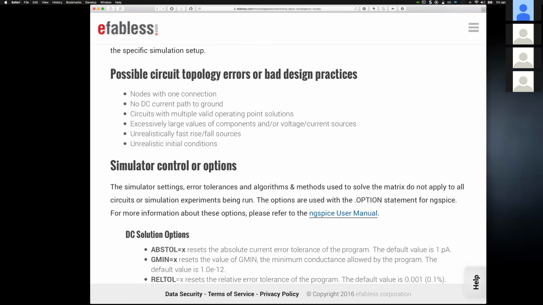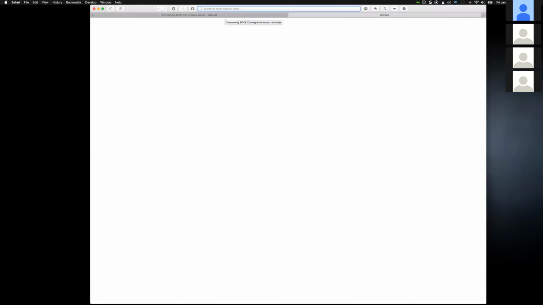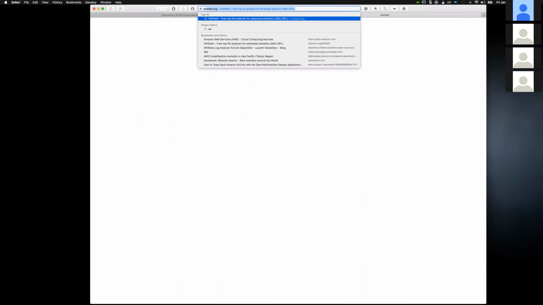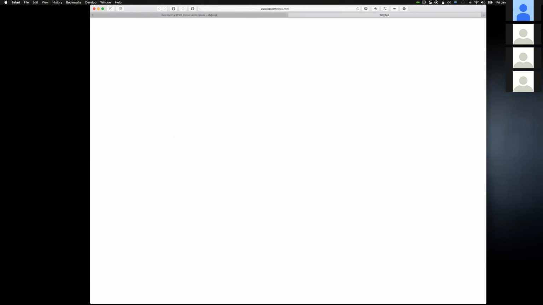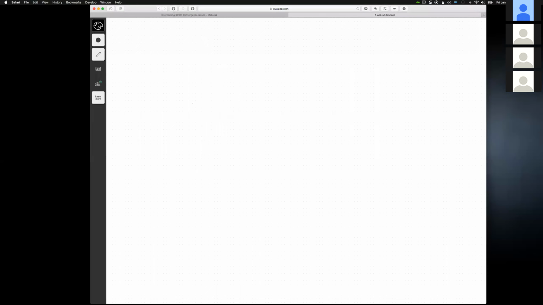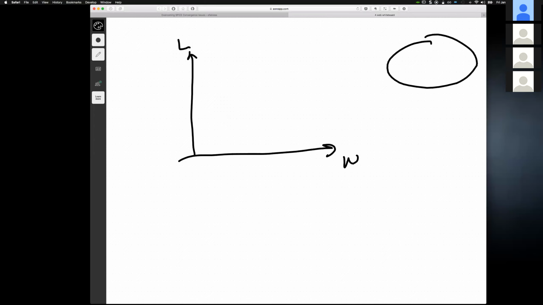So, let me use a whiteboard just for a second here. The way you look at it, you're using a model, and in order to create the model, you would have a device with a certain L and W. The people who create the models will choose some sort of test structures.